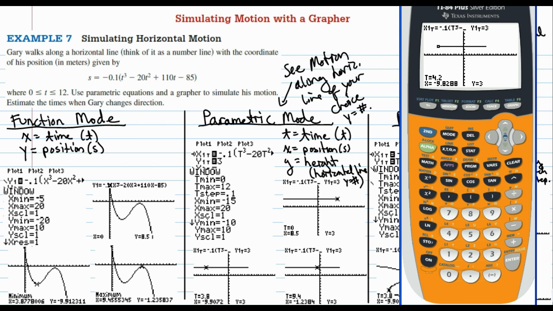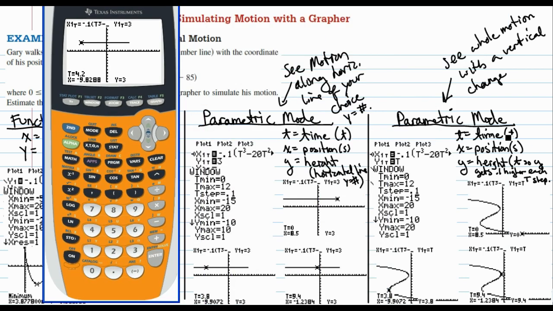So for example, I did that on the calculator ahead of time, and I said that if y1 equals t, now I can see his position expanded vertically to see how he moved horizontally, but I can see it all at once.